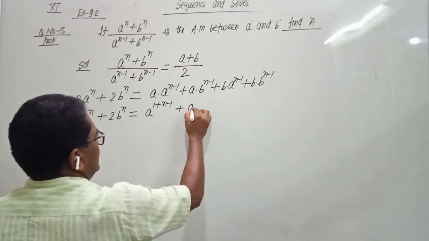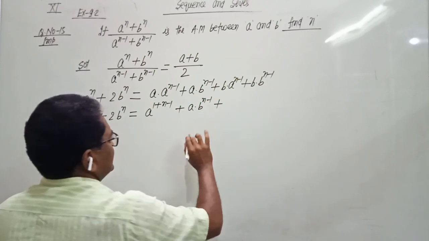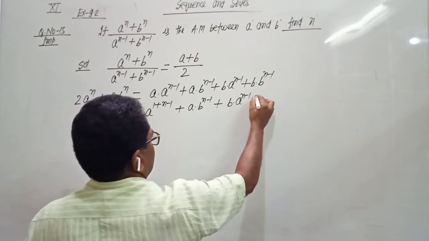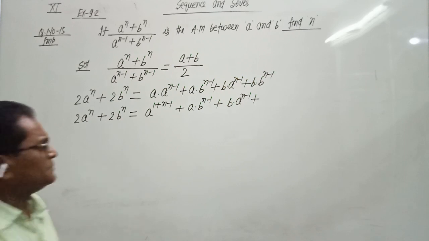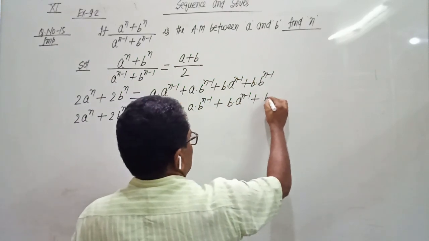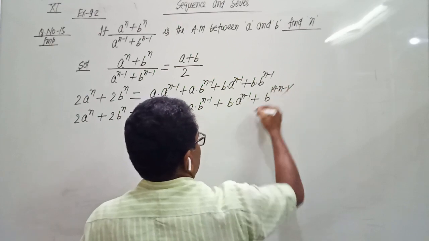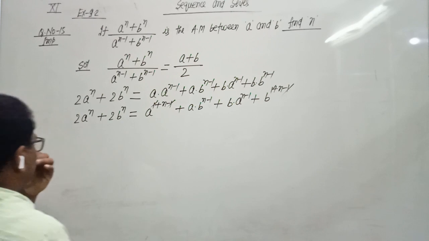Plus a into b^(n minus 1) plus b into a^(n minus 1). Here again bases are same, so powers are added: b raised to the power 1 plus n minus 1. Minus 1 plus 1 cancel, minus 1 plus 1 cancel.